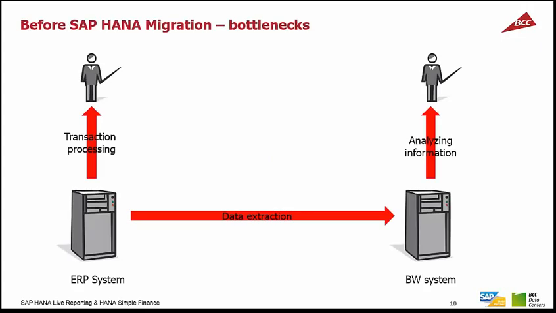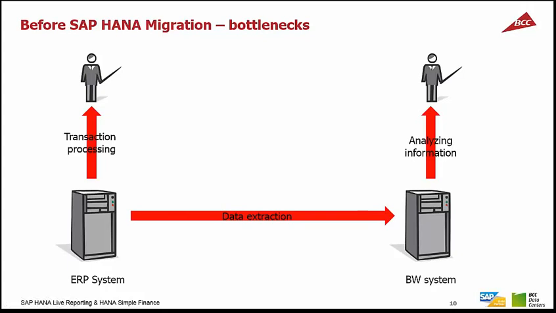When we have a standard SAP system, let's say an ERP system and a BW system, we have various bottlenecks. The transaction processing is sometimes not as performant as we would like it to be. Then the data extraction is not online.